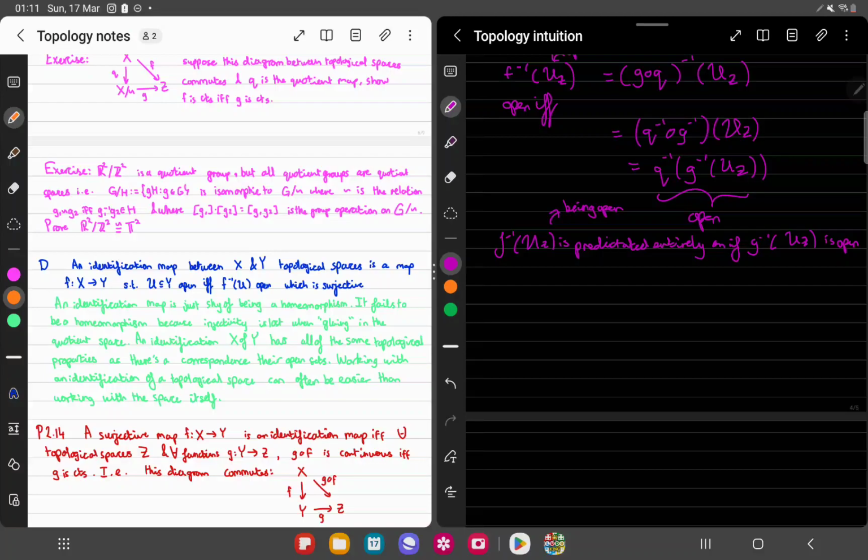R squared quotient Z squared is a quotient group, but all quotient groups are quotient spaces, i.e. you could take the quotient group and say it's isomorphic to the quotient space on G, where the equivalence relation is G1 is equivalent to G2 if and only if G1 inverse G2 is in H, H being a subgroup of G. And you can define the group relation on the quotient to be the obvious thing.